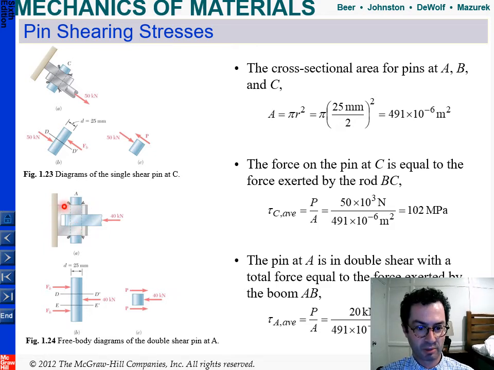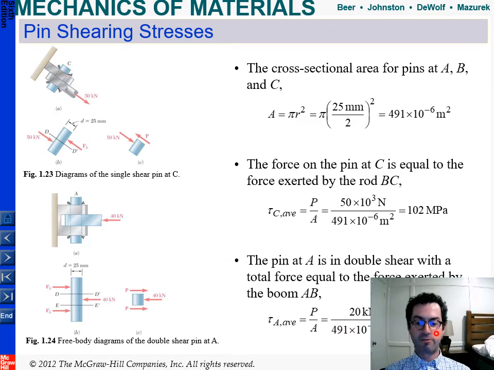We've got this sort of double clevis here, and here's our pin A. So how do we calculate that? The difference is we just take our total force and we split it in 2 because it's on 2 surfaces. It's divided by 2. So 20 kilonewtons divided by our total area. Same total area as on the top because it's the same size pin.